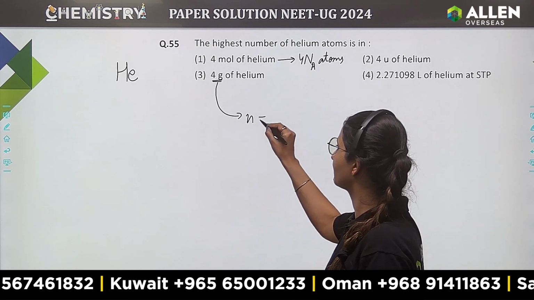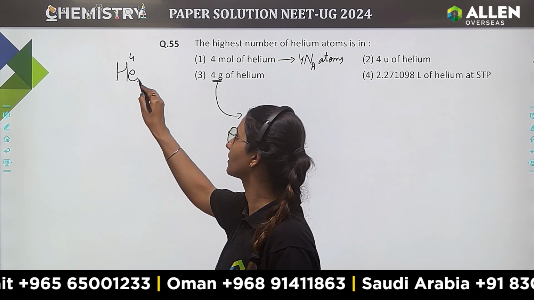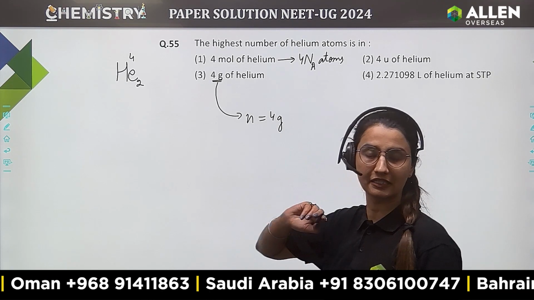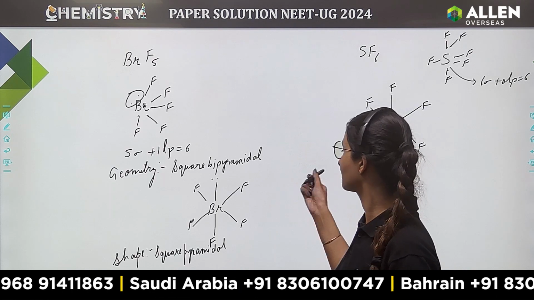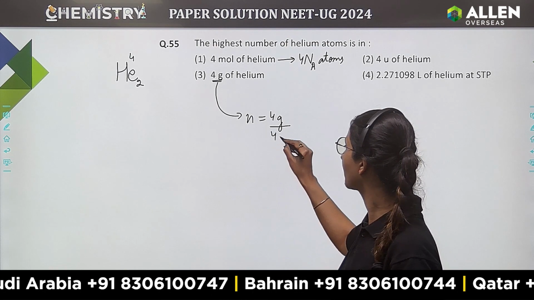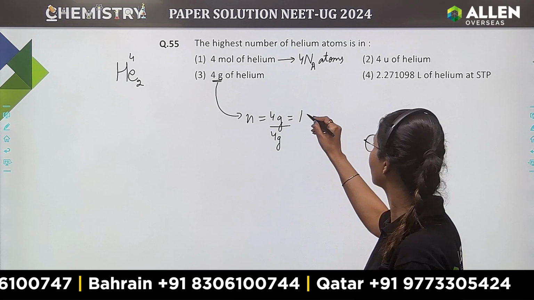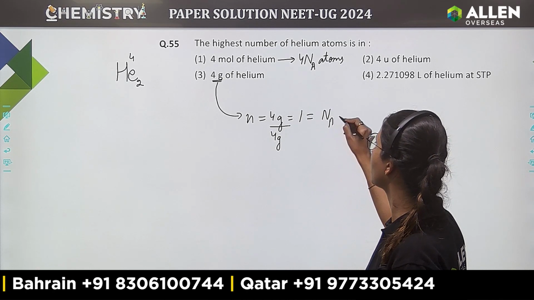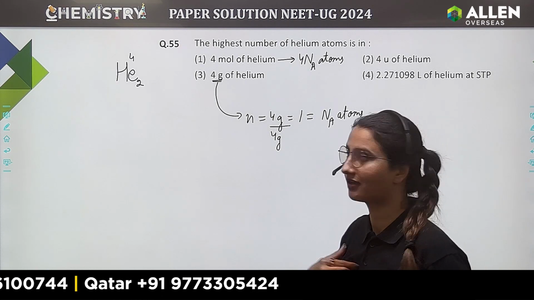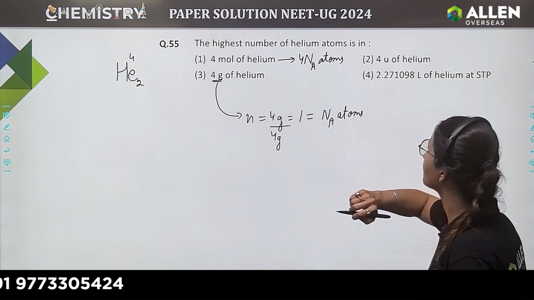Moles would be what? Given mass 4 gram. And we all know helium has molar mass 4, atomic number 2. So if given mass is 4 gram, what is the molar mass of helium, students? It is also 4 gram. How many moles? 1 mole. So how many atoms would this have? It would have only Na atoms. So till now we know, among options 1 and 3, which has more atoms? 1. Yes. Let's check the remaining also.